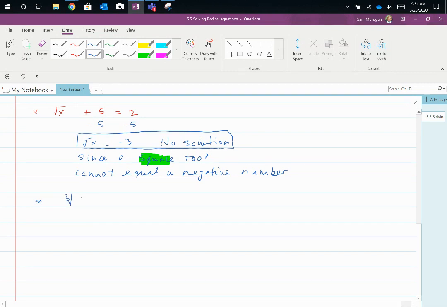The cube root of x is equal to negative 4, so this is an odd root. So we can definitely take the cube root of x and get a negative number. So we would follow the process here. Raise both sides to the power 3 since this is a cube root.